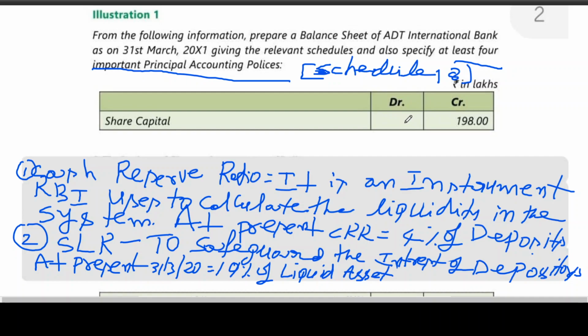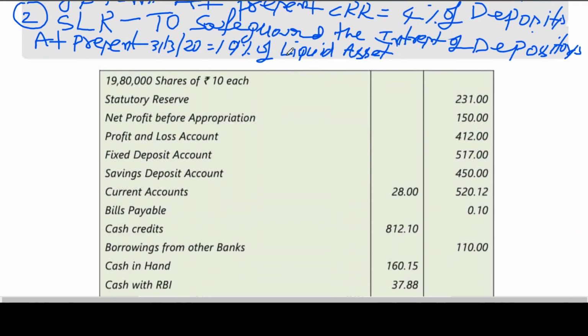Share capital. I think you know where share capital appears. Come on, tell me. Schedule 1. Share capital, you all are aware. Schedule 1, and statutory reserve, Schedule 2.